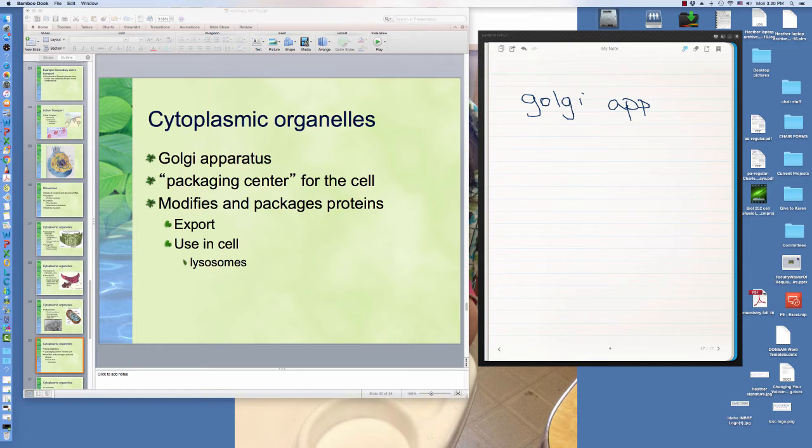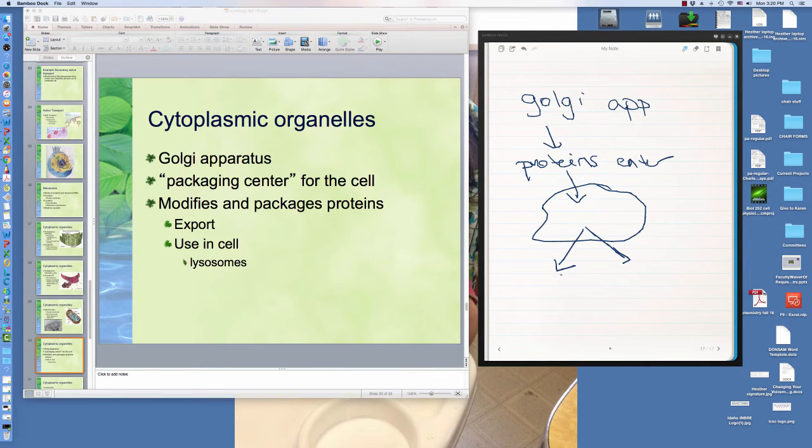And basically what the Golgi apparatus does is proteins enter the Golgi apparatus. So here's your Golgi apparatus. Proteins come in, and then they exit the cell in packages.